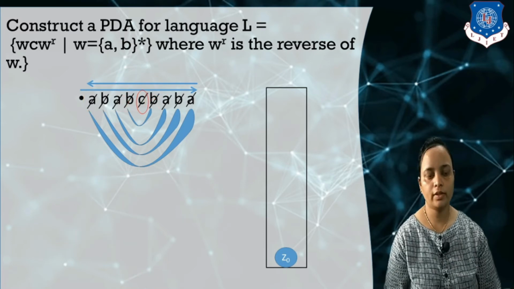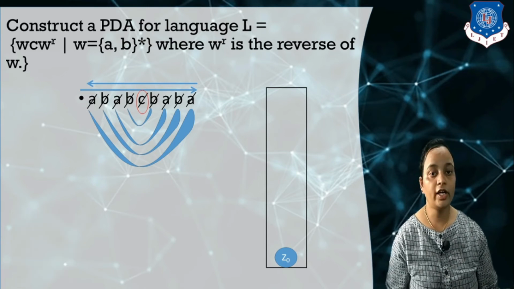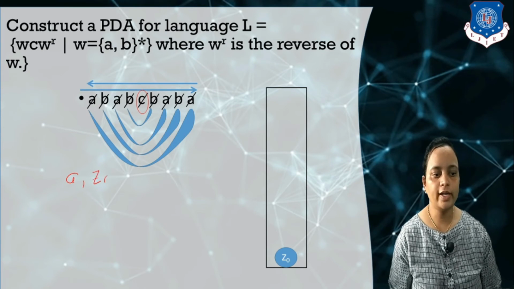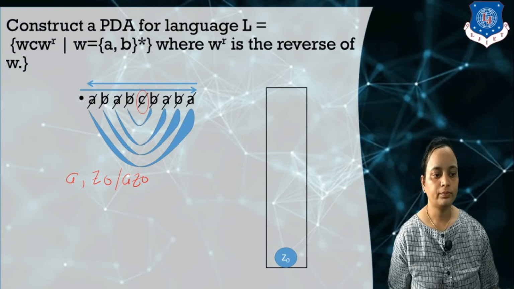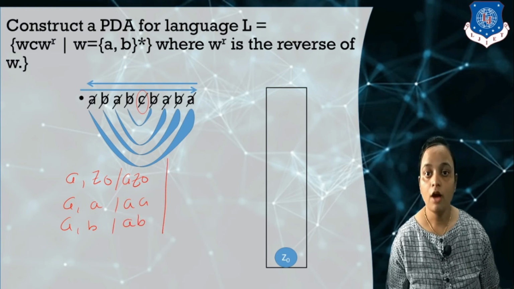So the transitions that we have are as follows. For input A, what are the possibilities for a push operation? The top of the stack might be Z0. If double A, we perform a push operation. If AB comes, we perform a push operation. This is the possibility for A for the push operation.